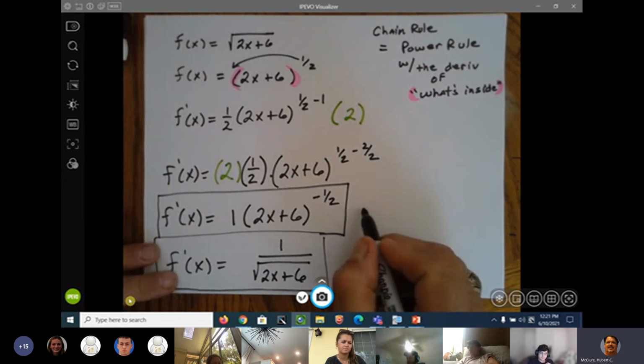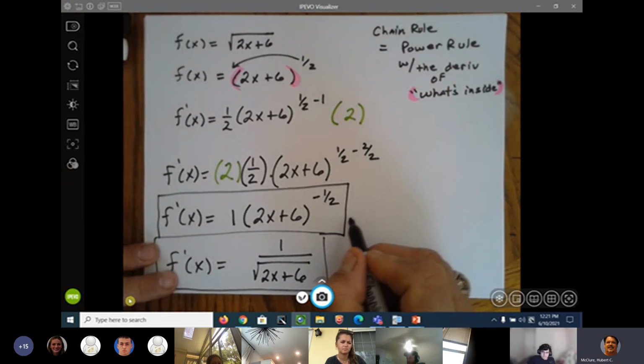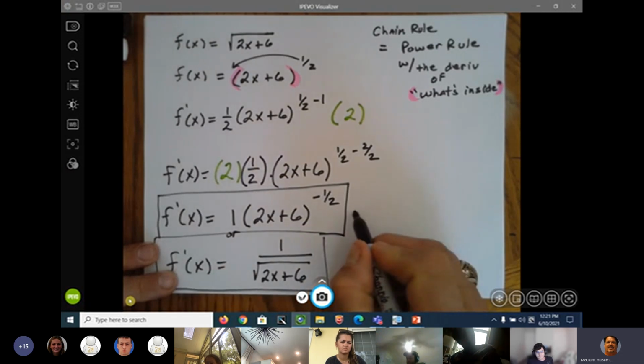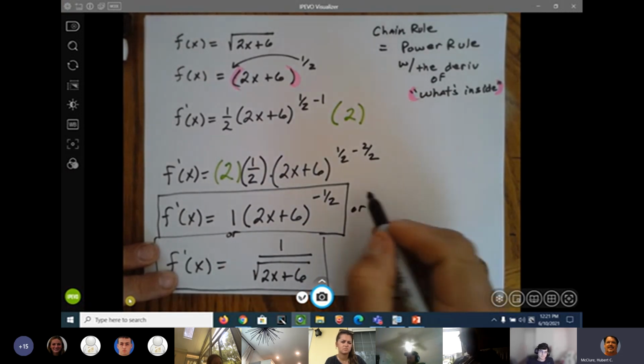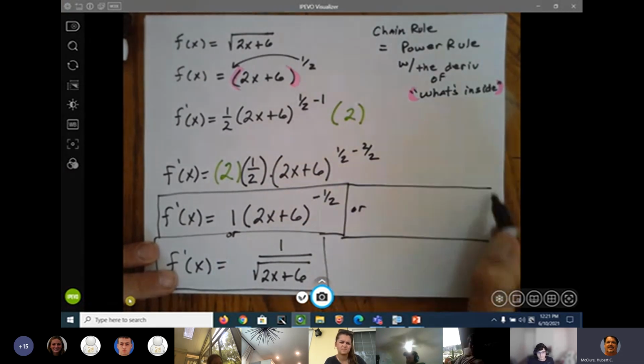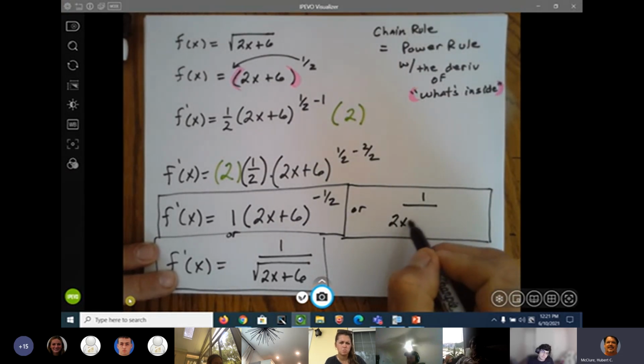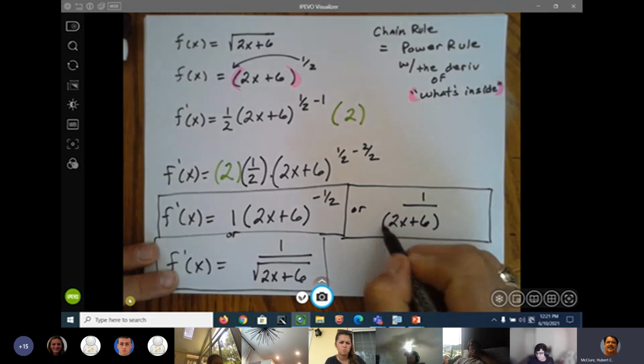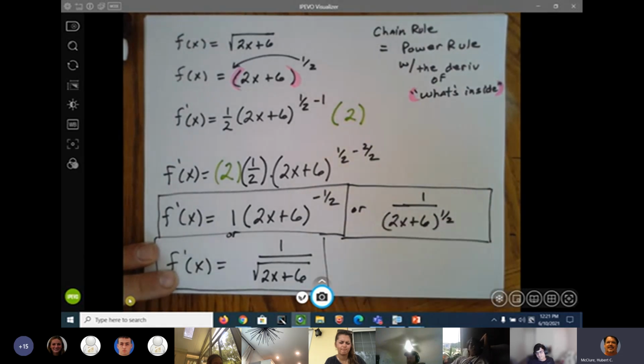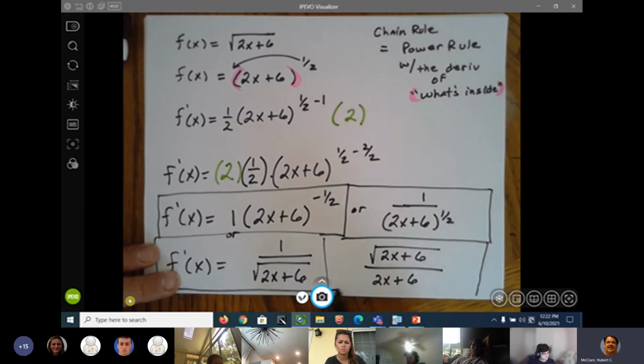Or you could have 1 over (2x plus 6) to the 1/2 power. Or you could have the square root of 2x plus 6 over 2x plus 6. You could have that. I don't really care.